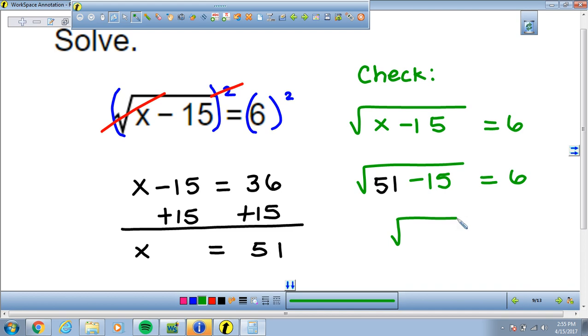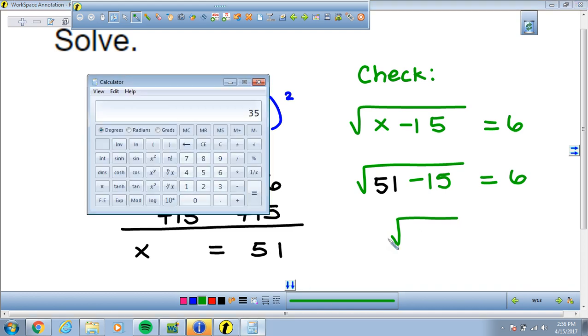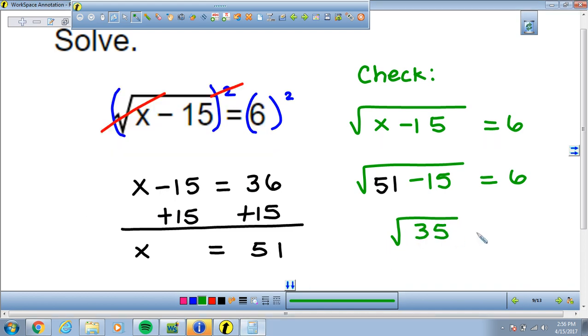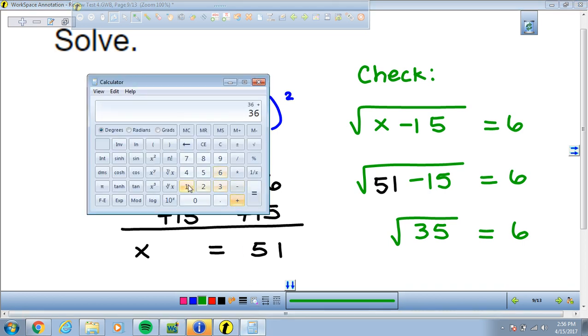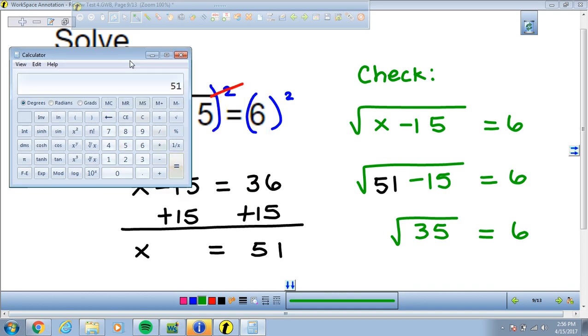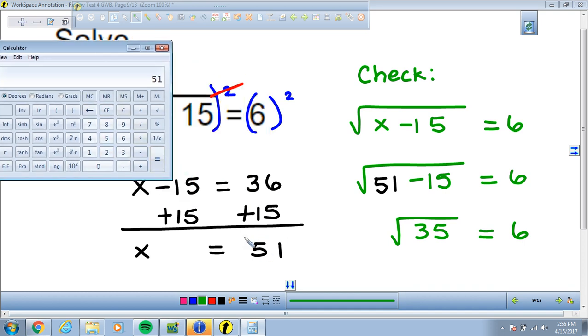So then, what number did I say here? 35. So is it true that this side on the left is the same as this one? Let me just double check that I did no careless mistake. 36 plus 15. Yeah, it's 51. I was checking this.